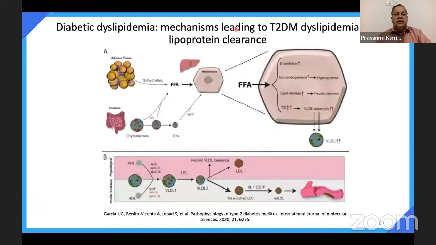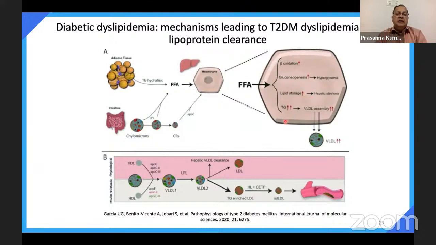Now, this is the mechanism of dyslipidemia in type 2 diabetes, like lipoprotein clearance. As you can see, from adipocytes, triglyceride hydrolysis delivers free fatty acids to the hepatocytes, and these free fatty acids ultimately lead to increased beta oxidation, gluconeogenesis, lipid storage, or increased triglyceride.